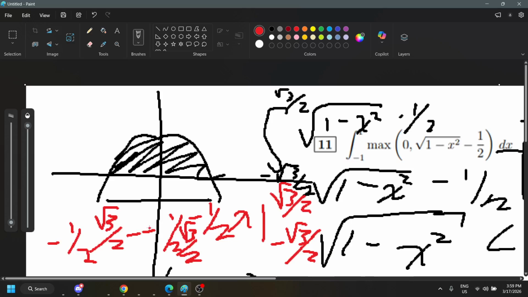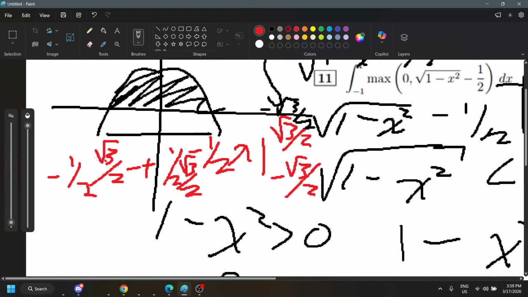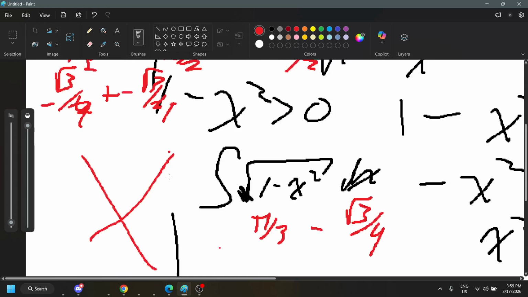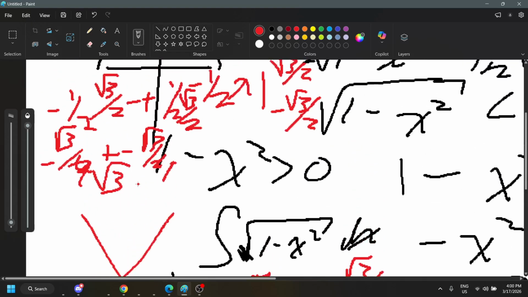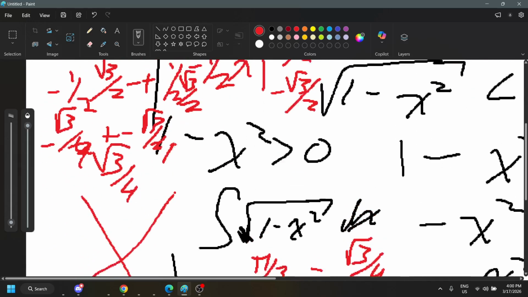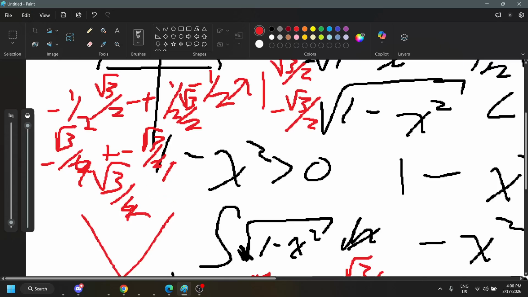Oh, minus plus, so it would have been root 3 over 2 plus root 3 over 2, or root 3 over 4. So then I've gotten root 3 over 4. I don't really know. What I should have gotten would have been root 3 over 2, but it should be root 3 over 4.